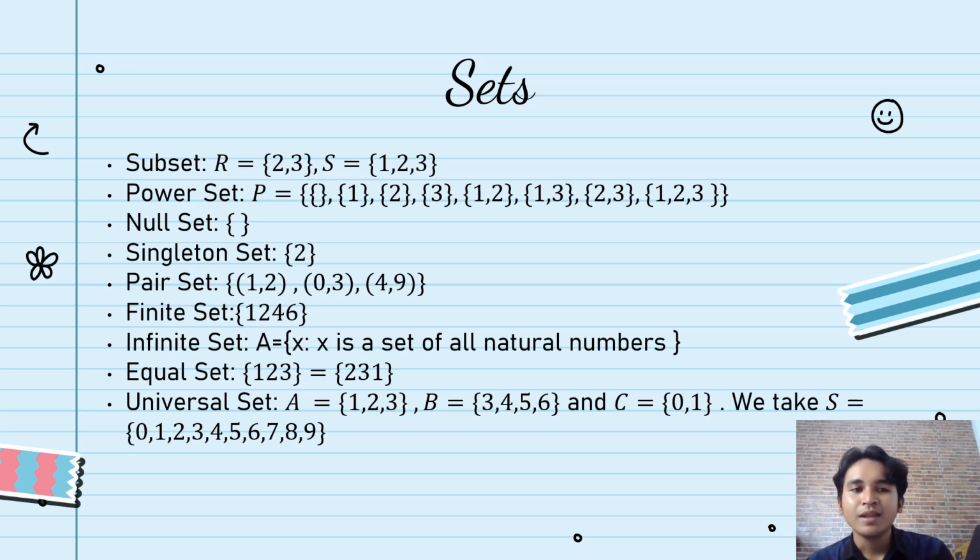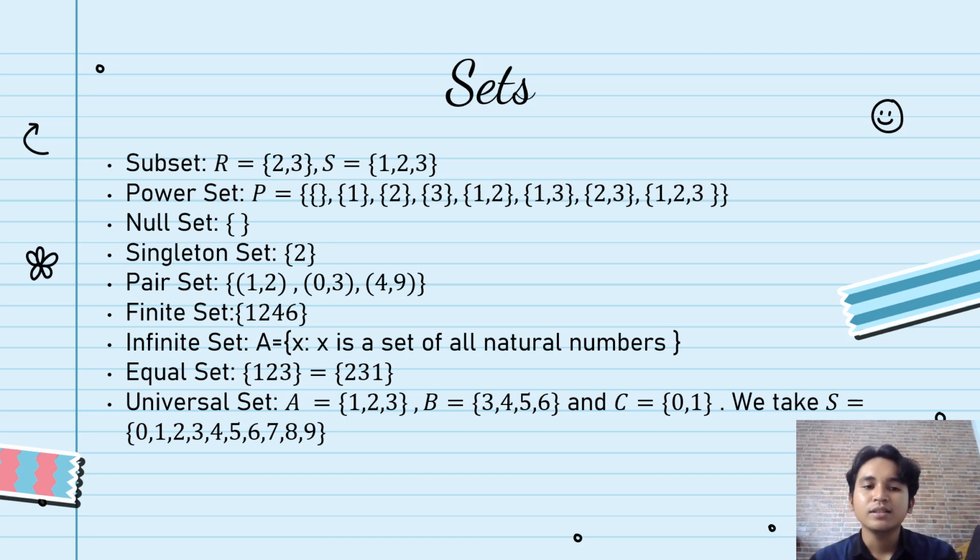Okay, next is equal sets. The sets A and B are said to be equal if every element of A is in B and every element of B is in A, and we write A equals B.